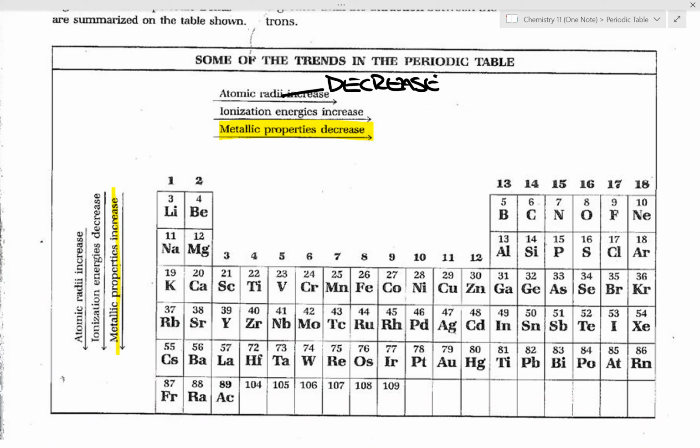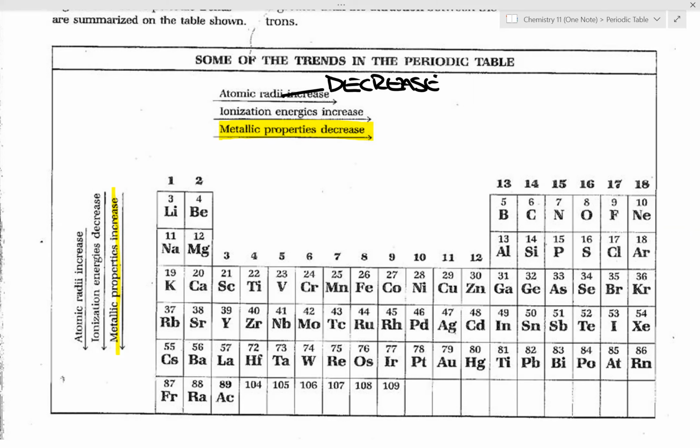But notice this thing in metallic properties. Metallic properties is the ability to give up electrons. So notice as you go from left to right, the metallic properties decrease, but when you go down a chemical family, the metallic properties increase. The question for you is, why?